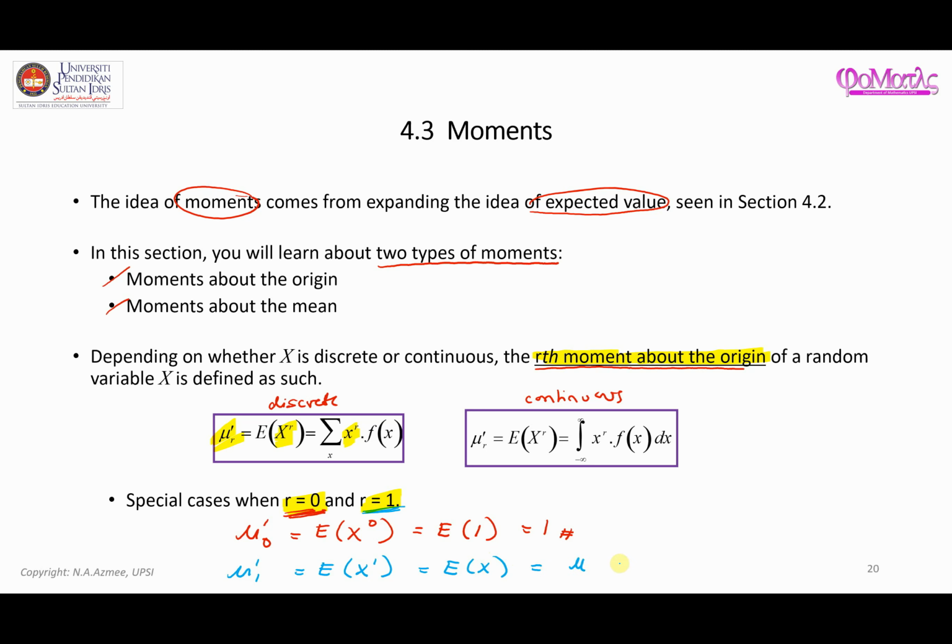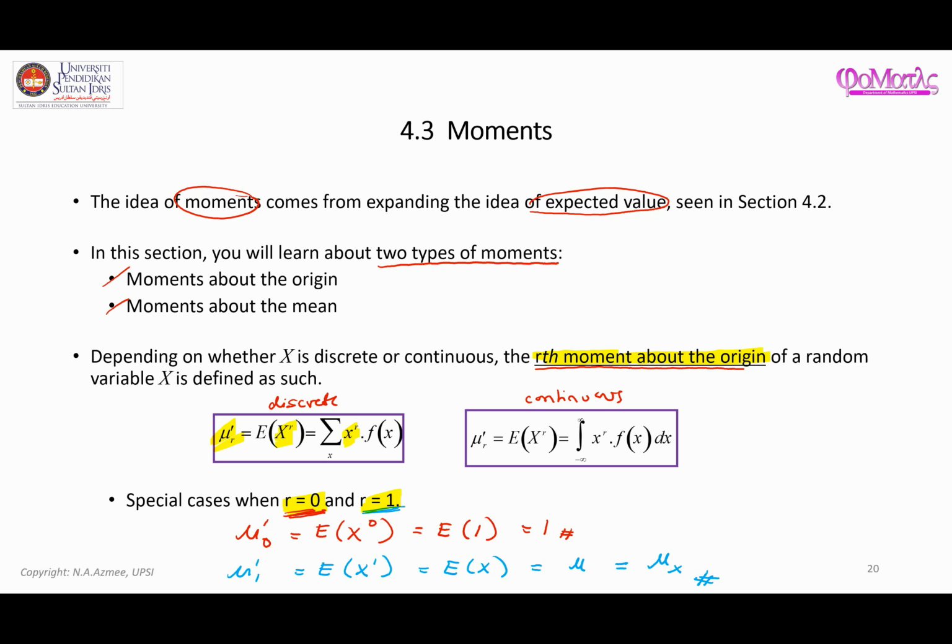If you want to be more specific, because it comes from random variable x, we can label it as mu x. Later on there may be cases where you have x and y random variables together, so you may want to be specific with mu x and mu y, for example. So these are the results when r is 0 and when r is 1.